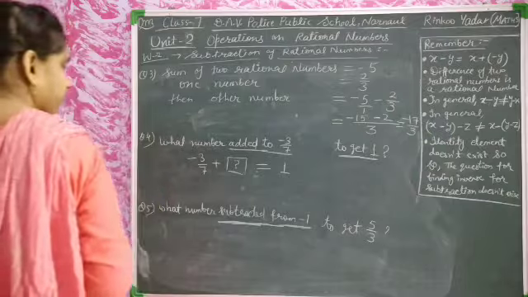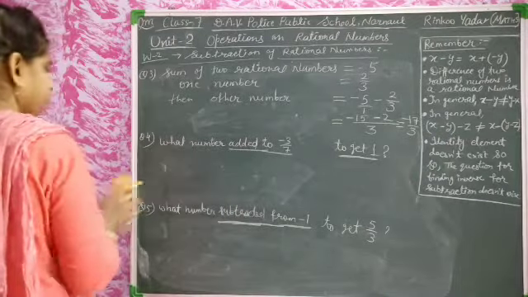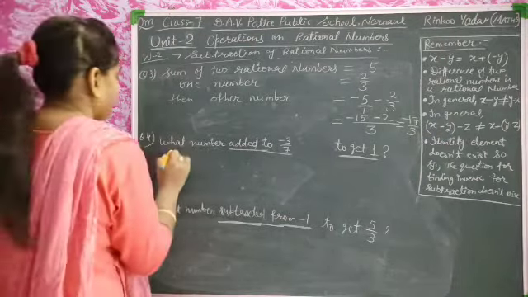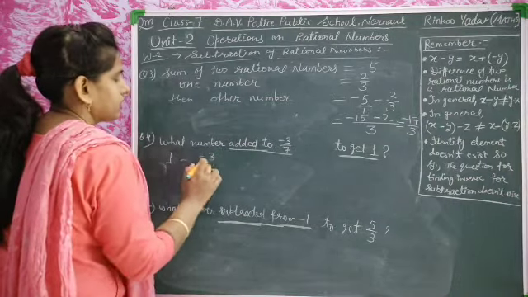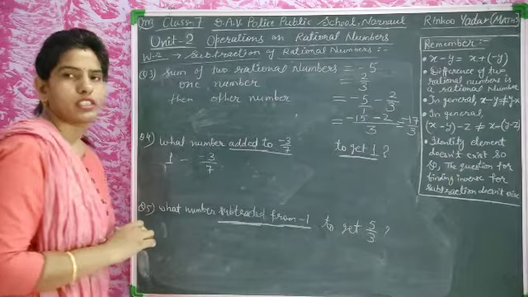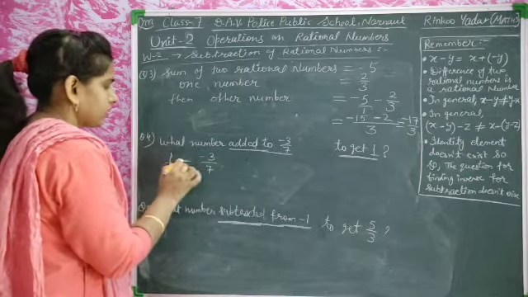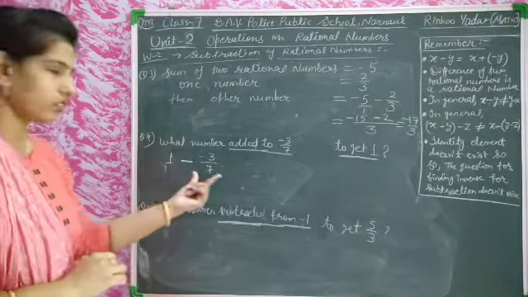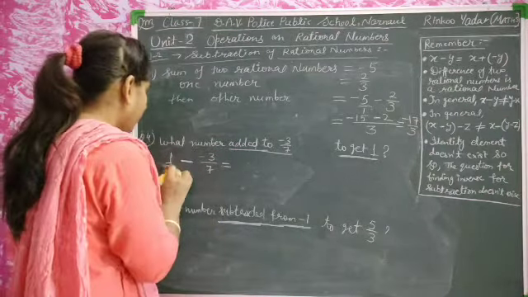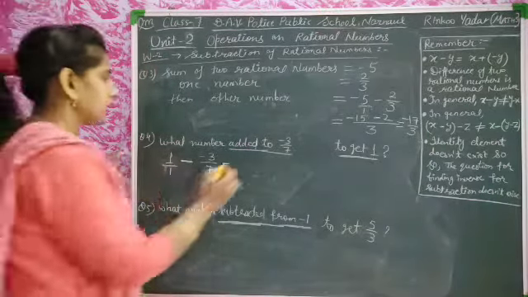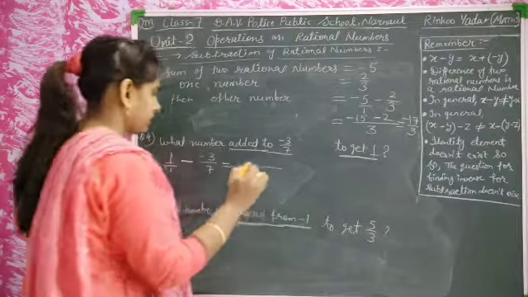Let's check there. 1 minus minus 3 by 7. Is it clear? This is the method. Next, we can write it with LCM 7 here.